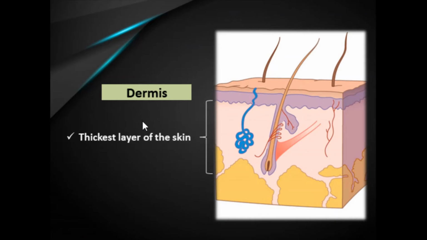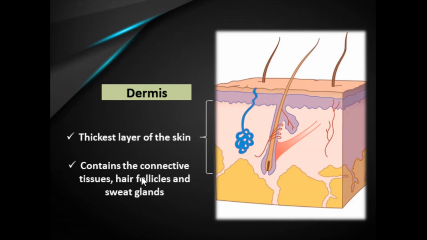Now, the dermis is the thickest layer of the skin. The epidermis is just a thin layer of the skin. As you can see, the dermis covers this area, however, the epidermis is just here. So, dermis is considered to be the thickest layer of the skin.